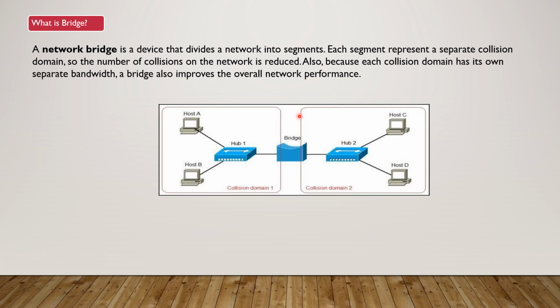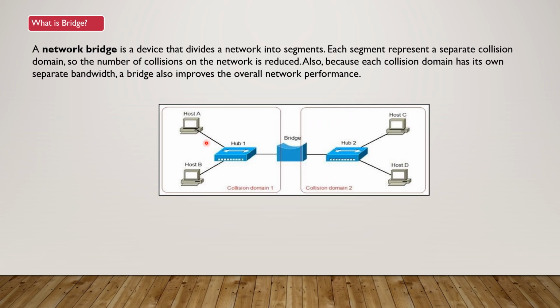In this diagram, a bridge is connected with two hubs, but the two hubs have two different collision domains. On this side, both devices use 100 Mbps on that link, and on this side it's the same 100 Mbps, so the PCs and this hub use 100 Mbps.